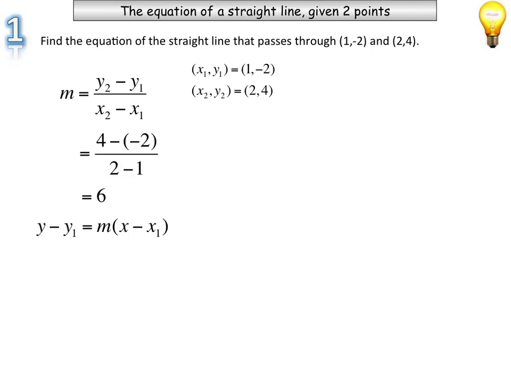Here's the equation of a straight line if you have a gradient and a point. But we have 2 points, so it doesn't matter which one we choose. We could choose this one, but I'm going to choose this one here.